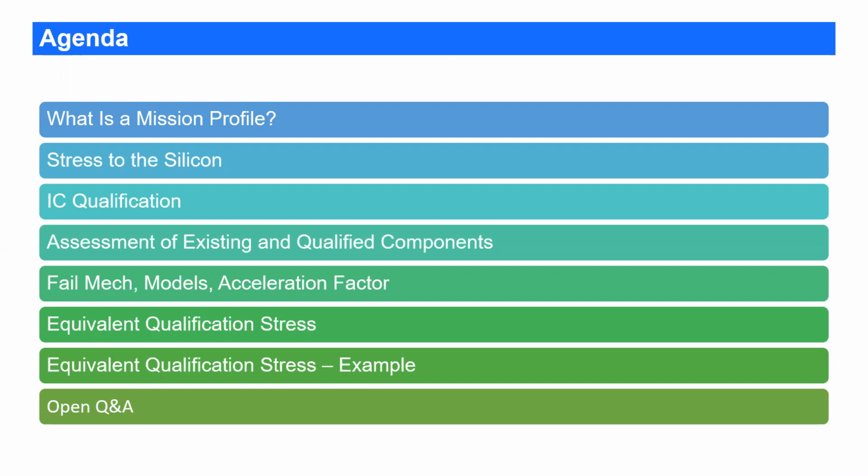And then we want to look a little bit into what stress means to silicon, to an IC device. And relative to that, how is that qualified during the original device qualification? And then we want to see how an assessment should be done, whether or not an existing or qualified component can be used in a target application.